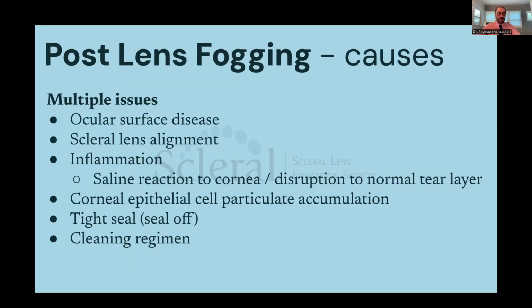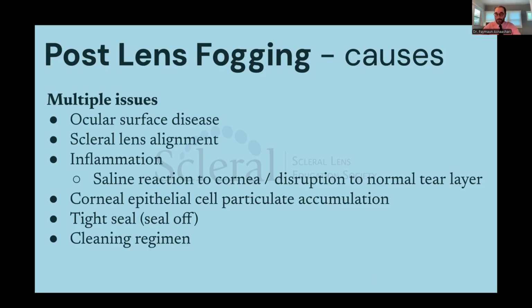Otherwise, they will have persistent issues. So here are some causes of post-lens fogging, and it could be multifactorial, and there's often not a particular reason why it forms. Every case can be different. But number one, you want to look for ocular surface disease, and this could play a role in why they get post-lens fogging.